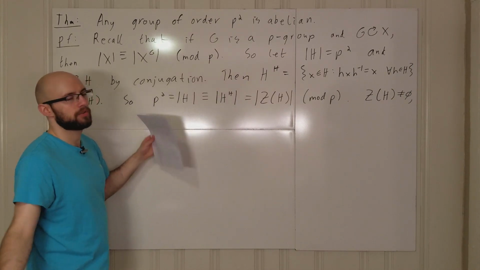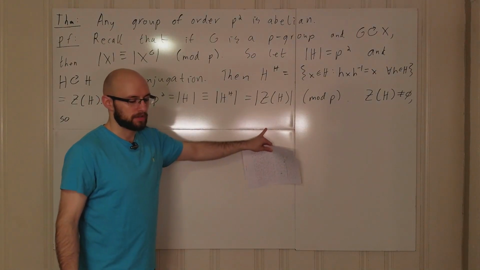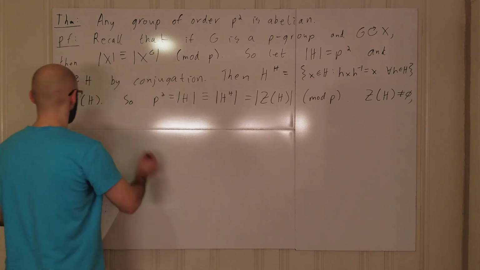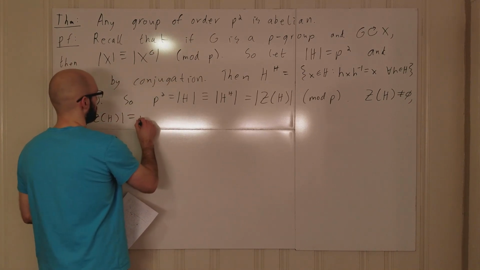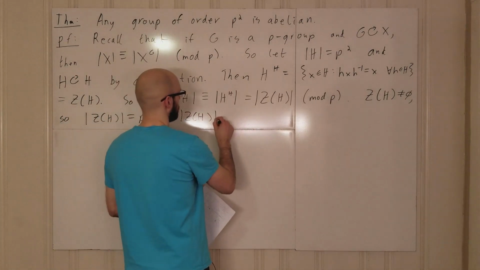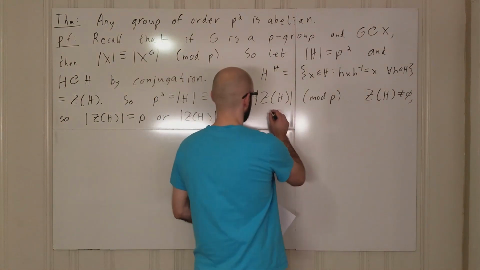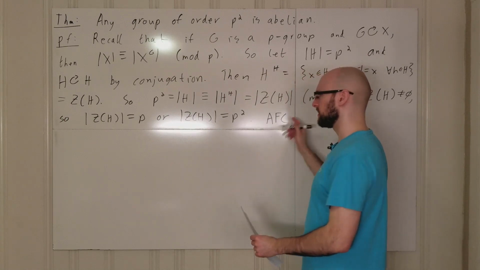Well, p squared is equivalent to 0 mod p, so this has to be equivalent to 0 mod p, which means that, what are the options? Either the center of H is going to have size p, or the center of H has size p squared.